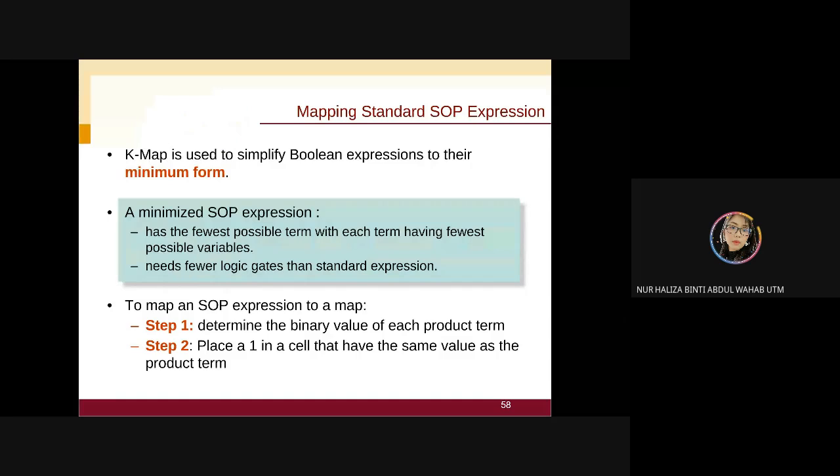What is the purpose you draw like that? It is because for you to do grouping later on. If you didn't follow the K-map rule, and you do 00, 01, 10, 11 and you map whatever value for the output, then let's say you group like this, your output for your Boolean expression will be wrong.